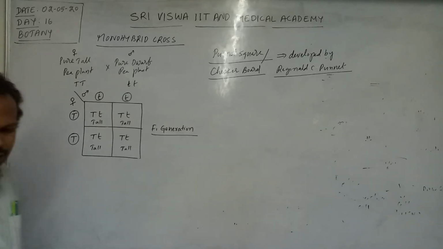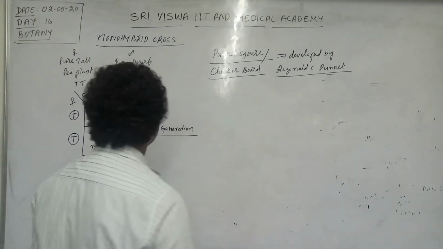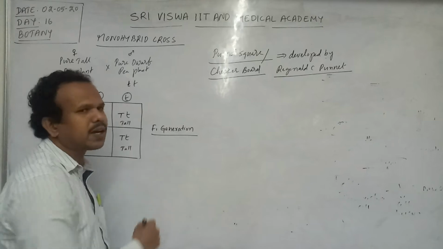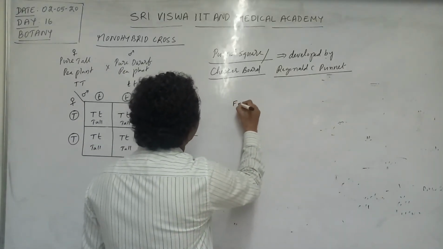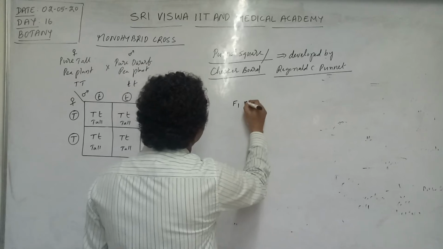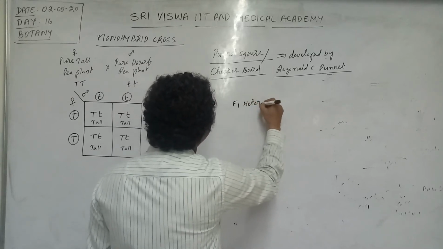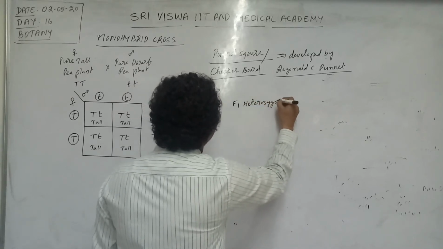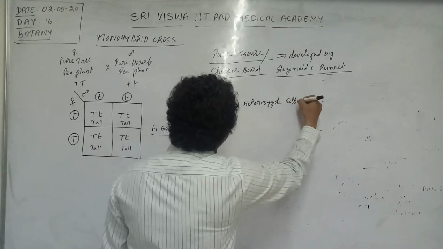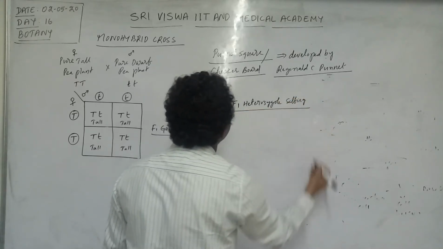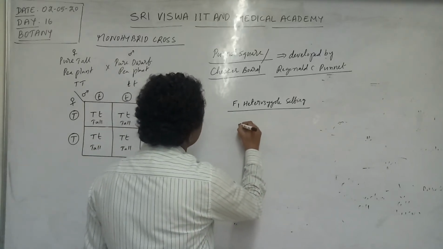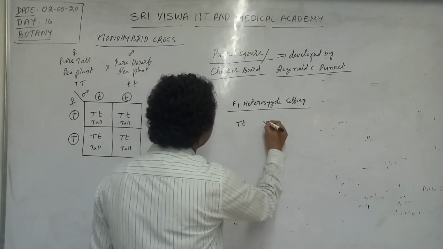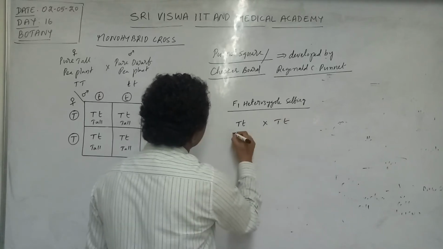Then in the next stage, this scientist Gregor Johann Mendel selfed the F1 hybrid. Consider the F1 heterozygote selfing: capital T small t with capital T small t.